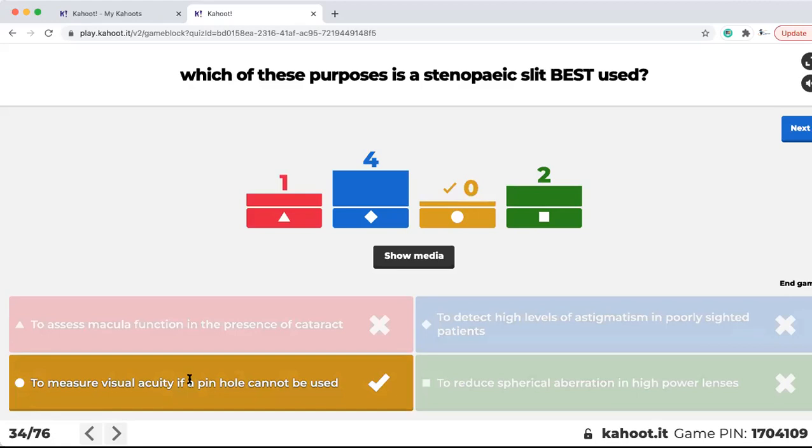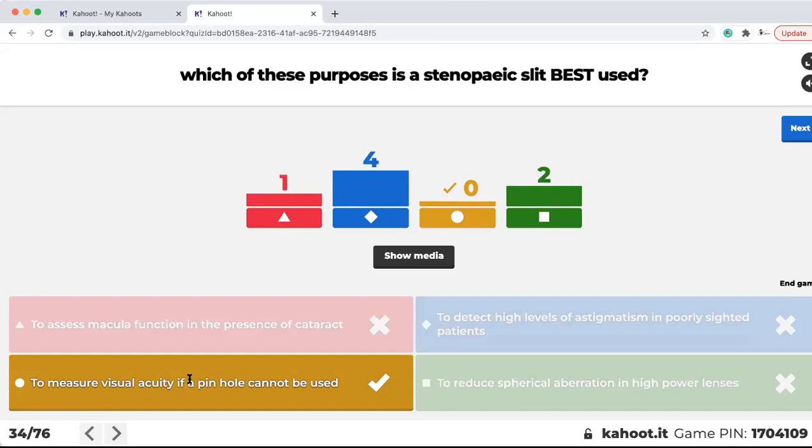As I told you, the idea of the pinhole is to create a clear retinal image irrespective of the refractive state of the eye. So this goes with the pinhole or with the elongated pinhole, which is the stenopic slit. The stenopic slit is like an elongated pinhole of about 1.2 to 2 millimeters, and it can determine the refraction and the principal axis of astigmatism.